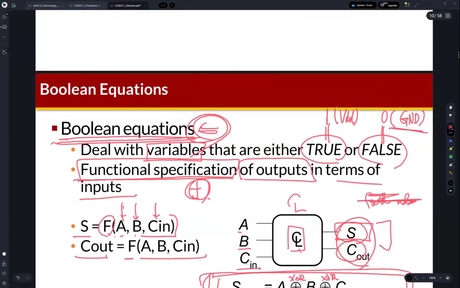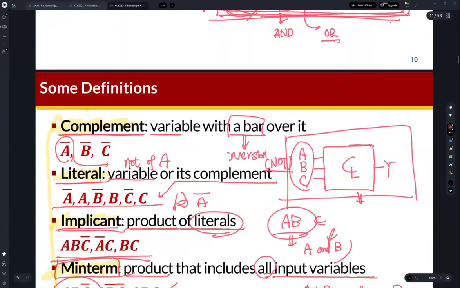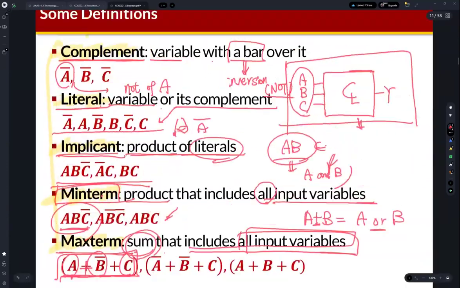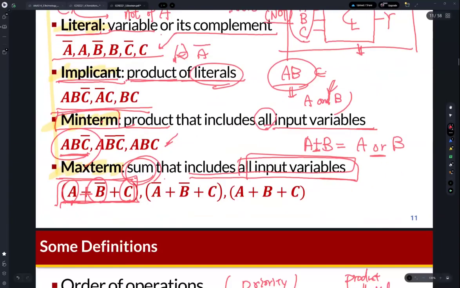And we learned about Boolean equations. We will use Boolean equations to represent the functional specification of a logic circuit, right? And also you need to memorize the definitions like complement, literal, implicant, min term, and max term.